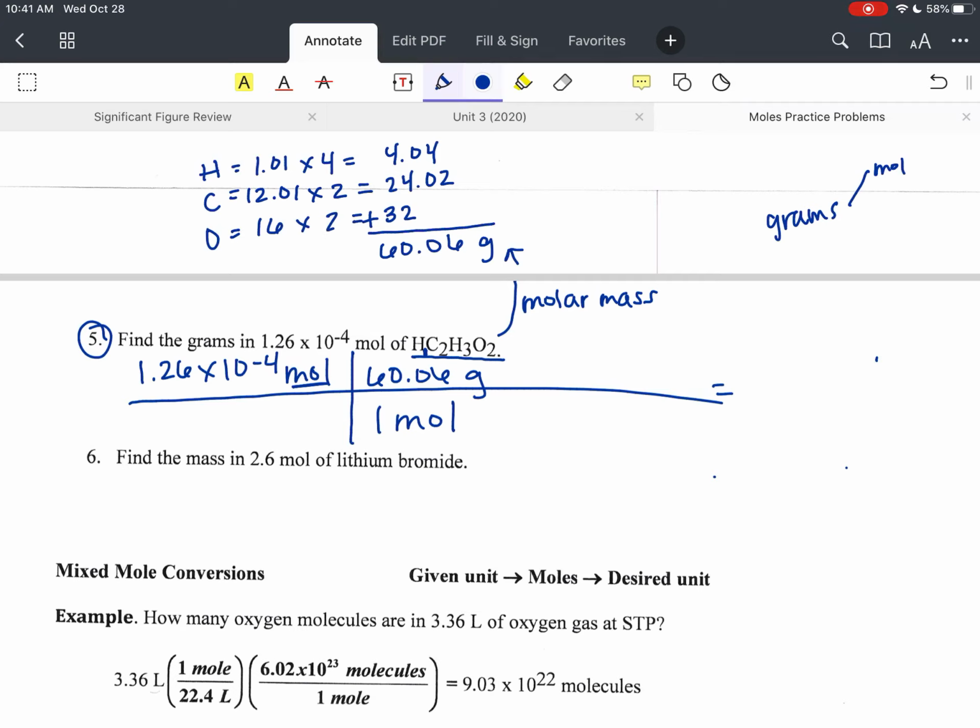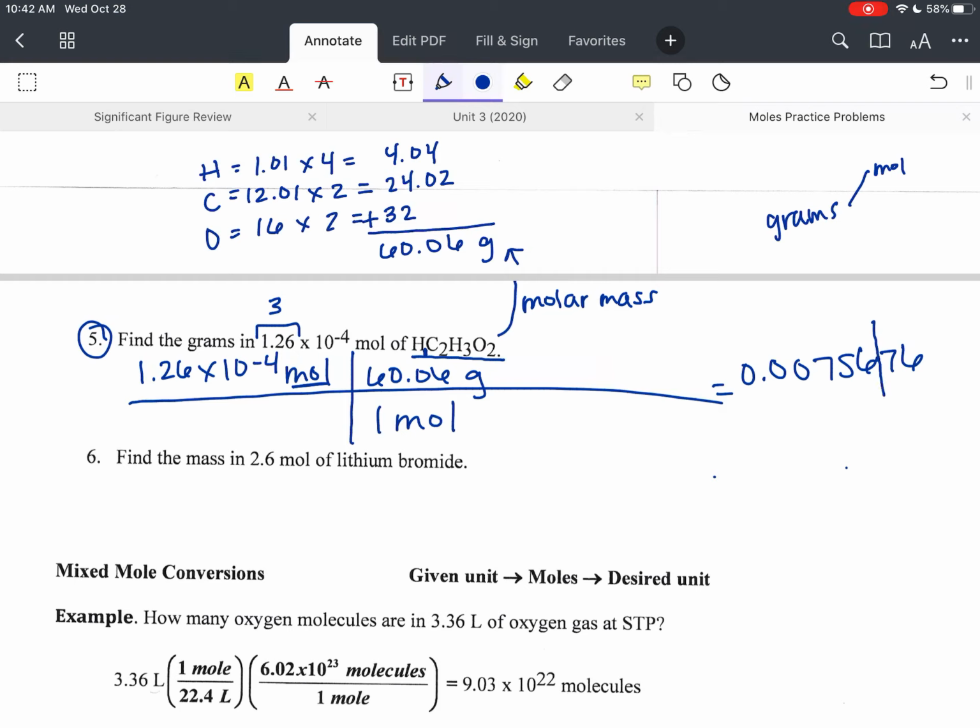So when I multiply across, you end up with 0.0075676. Okay, so a long number. Remember my significant figures? There's 3 in the question, so there needs to be 3 in my answer.